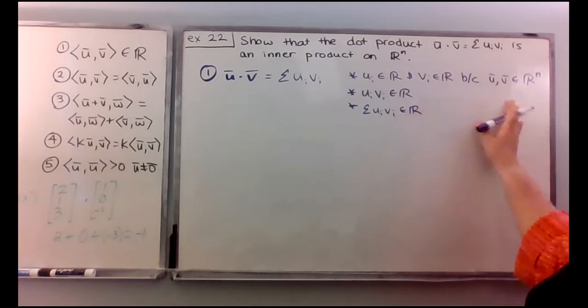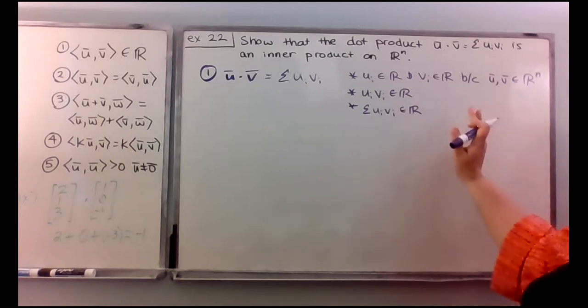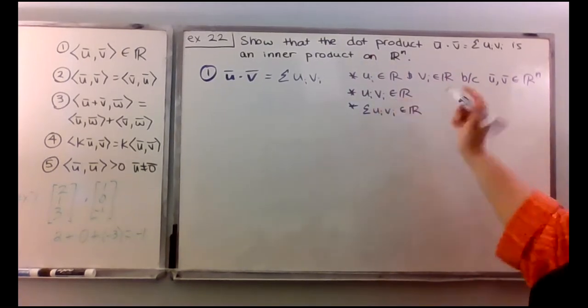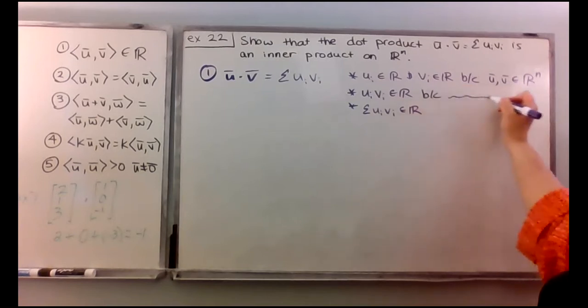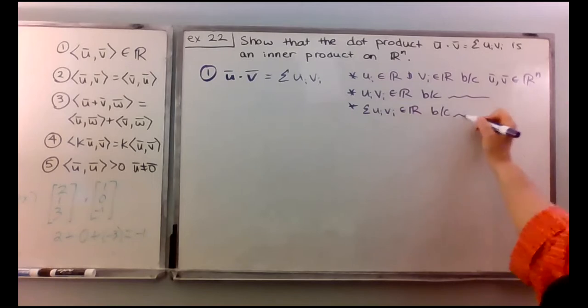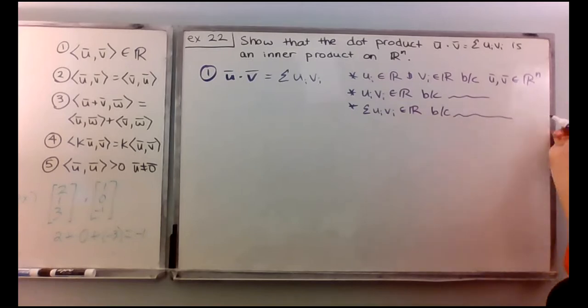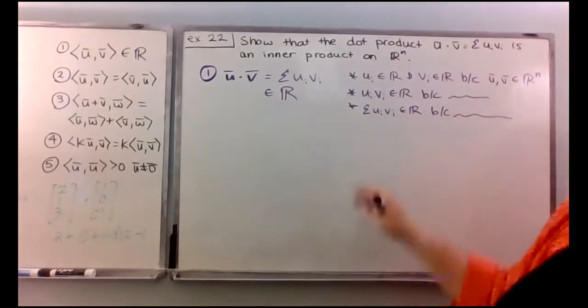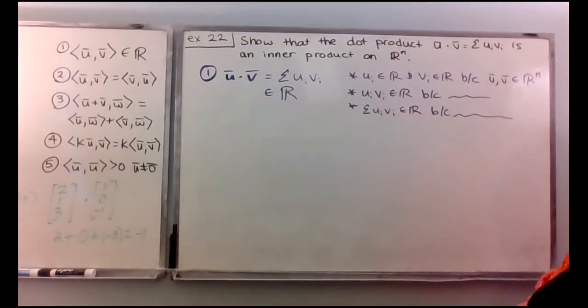Just for limited space, I'm not writing that down, but if I were doing a full proof, I would absolutely write that down. So here I would write down because products of real numbers are real. And here I would have because sums of real numbers are real. But for space purposes, I'm going to abbreviate it in this manner.